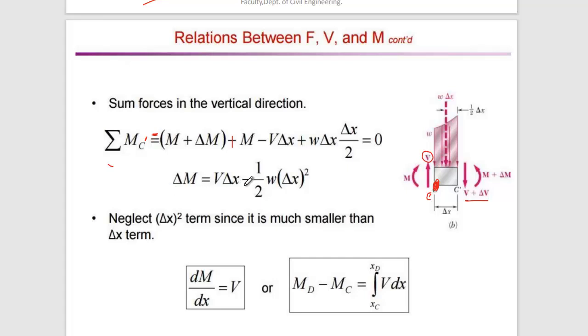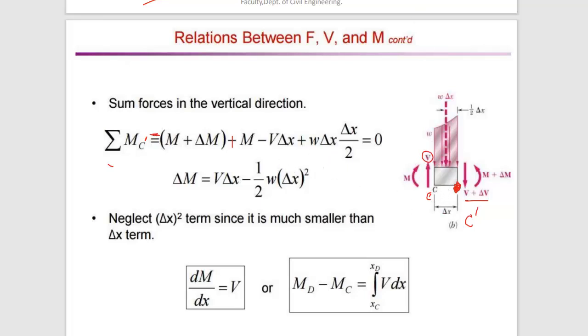So if you consider the moment at point C prime here, this is C prime. This is clockwise plus, this is anti-clockwise minus. Now come to this one.